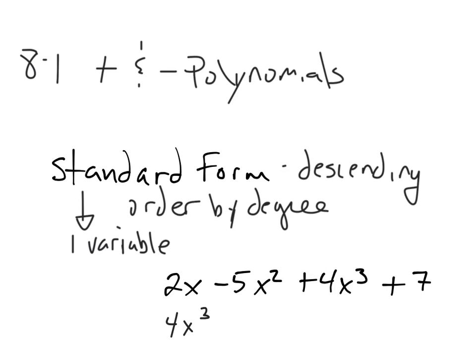What is the term with the next highest degree? Negative 5x squared. Excellently done. Way to remember the negative part of that. And then the next term is 2x. It's positive, so positive 2x. And then last but not least is the 7, so plus 7. Nicely done. Tricky stuff, right? All right.